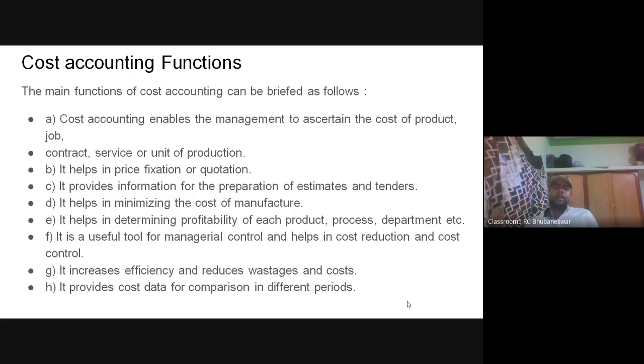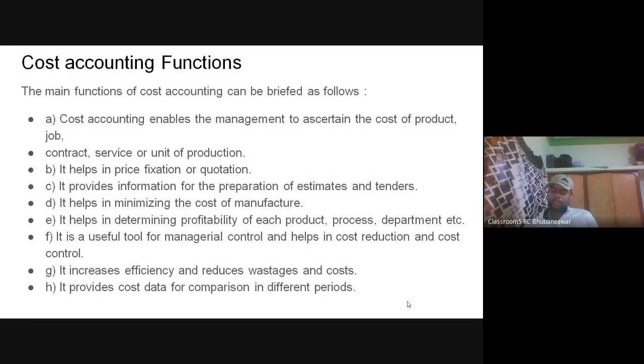Next, it is a useful tool for managerial control and helps in cost reduction and cost control. This is the basic one, an important one, and you have to remember this. Next, it increases efficiency and reduces wastage and cost.